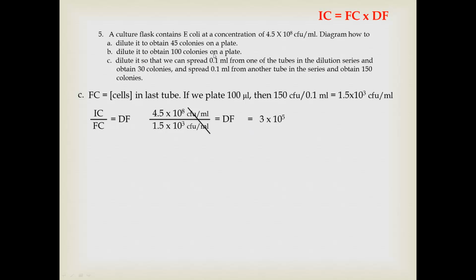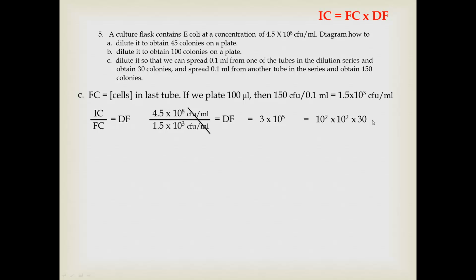From our earlier problems, we know that we can do this dilution in lots and lots of different ways. The easiest way is to take out 1 to 100 dilutions because we know how to do them, and then see what's left. So we could do a 10 to the 2, a 10 to the 2. What's left over is a 1 to 30, right?